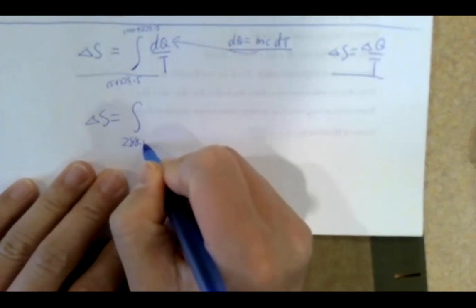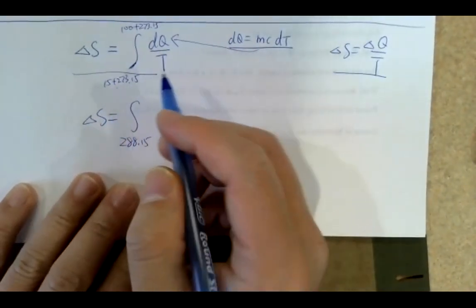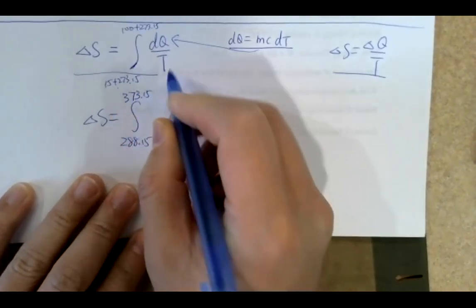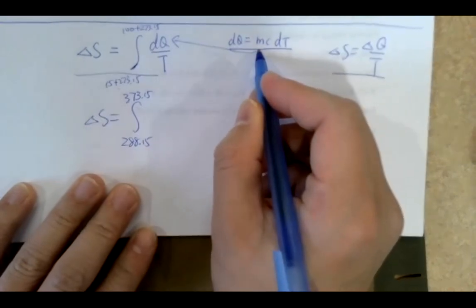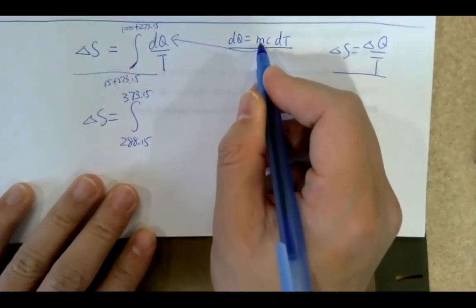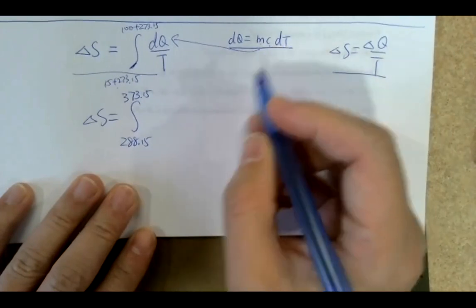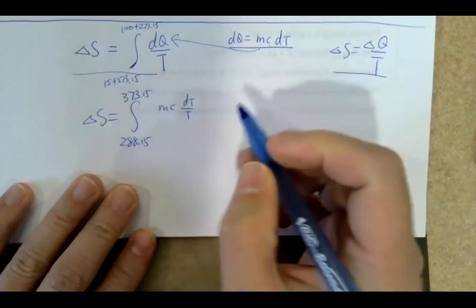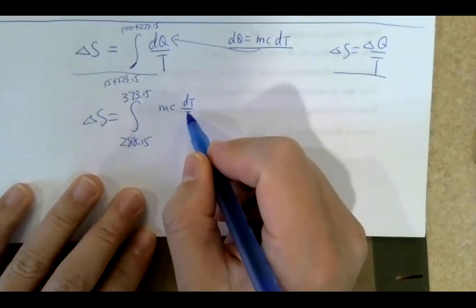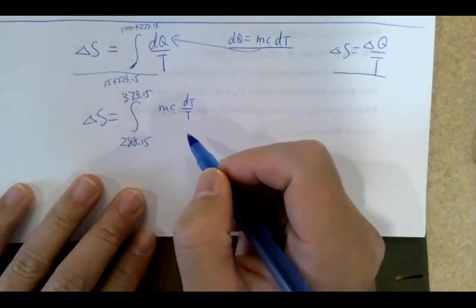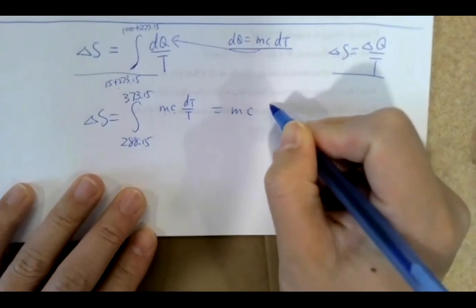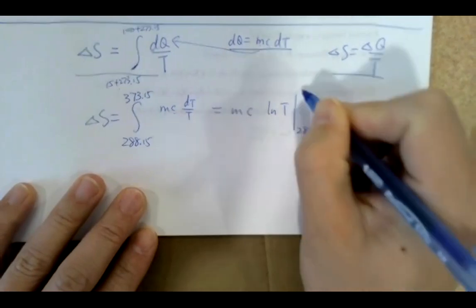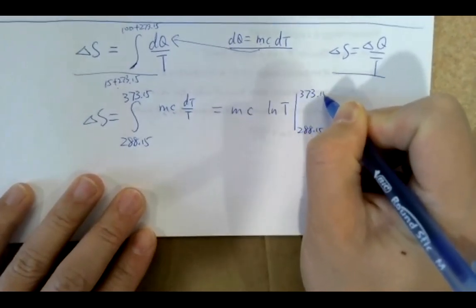So 288.15, that's 15 plus 273.15. On top here should be 373.15. dQ, according to specific heat capacity, should be the mass of water times specific heat times dT. So mc dT over T. T is the variable here. m and c are constants, so that should be equal to mc ln of T, going from 288.15 in Kelvin to 373.15 in Kelvin.